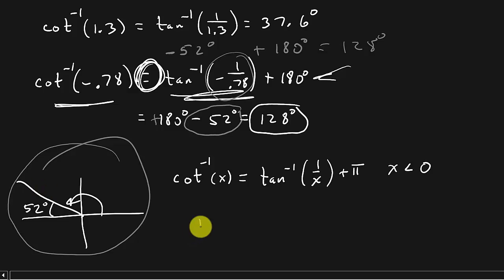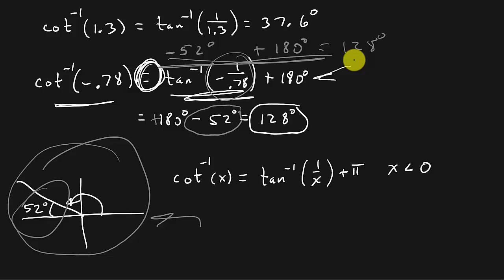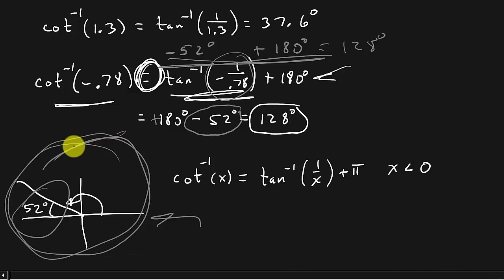Now, do you have to keep doing it like this and drawing this out? No. You can just use this formula right here. But now you understand why the formula is like it is. And if you do forget the formula, you can always do what I've been showing you. Okay? All right, so I hope this helped.